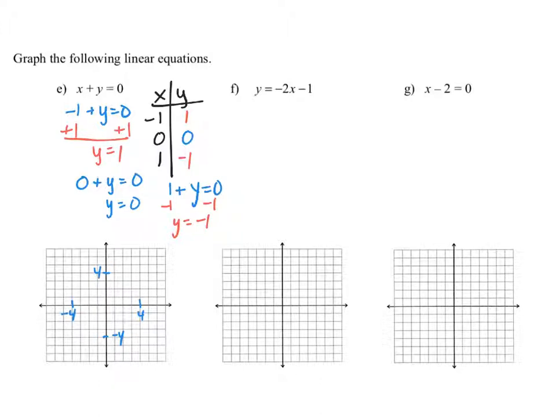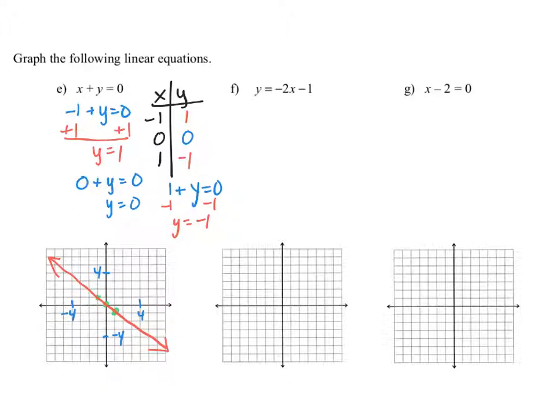And then I'm going to plot the 3 points at (-1, 1), (0, 0), and (1, -1). Now you can plot even more points. You can choose other values. You want to get enough points so it's clear where the line should be drawn.